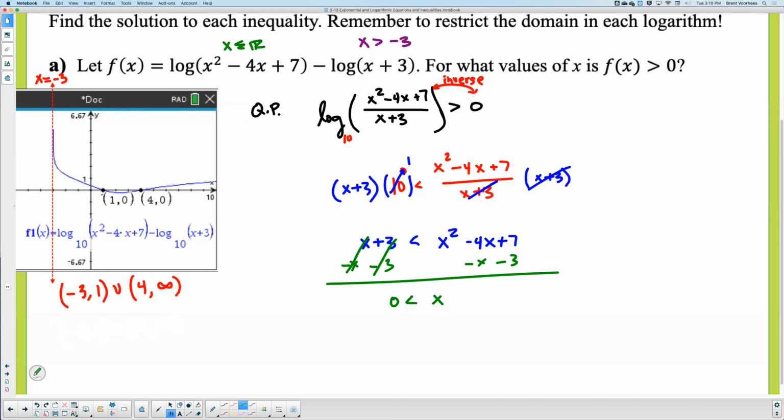Now, the reason I'm doing this is because I need to use the zero product property. Combining like terms, negative 4x minus 1 more x is negative 5x. 7 minus 3 is positive 4. And so now, this is a parabola. Again, I want to know, where is this greater than 0?